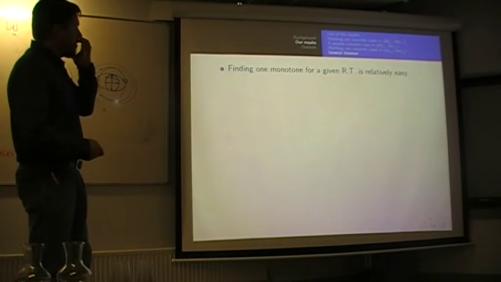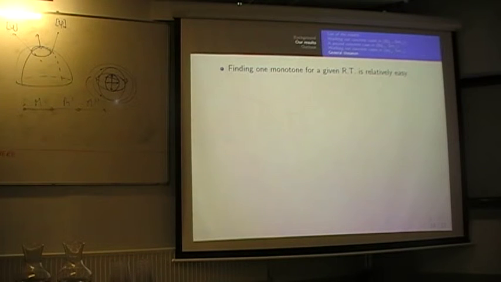So for the general theorem, why is this theorem of value? Because coming up with one monotone for a resource theory is relatively easy. So if you do this for injections, for finite sets, this is actually a valid monotone. It's very easy, kind of intuitive, isn't it?